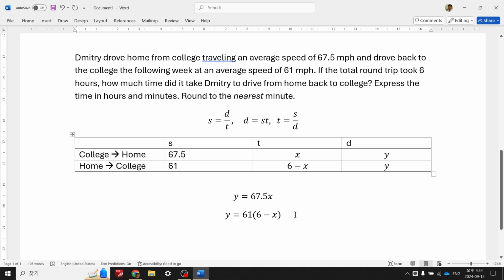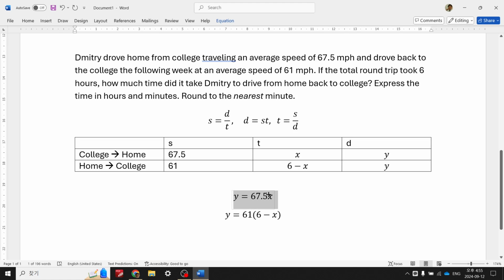Okay, so we have a system of equations, two unknowns, x and y, and two equations. That's perfect. If you have two equations for two unknowns, that means you can solve it. How do you solve a system? You solve one of the equations and plug it into the next one. Well, this is already solved for y. How nice. So you don't have to do any more work.